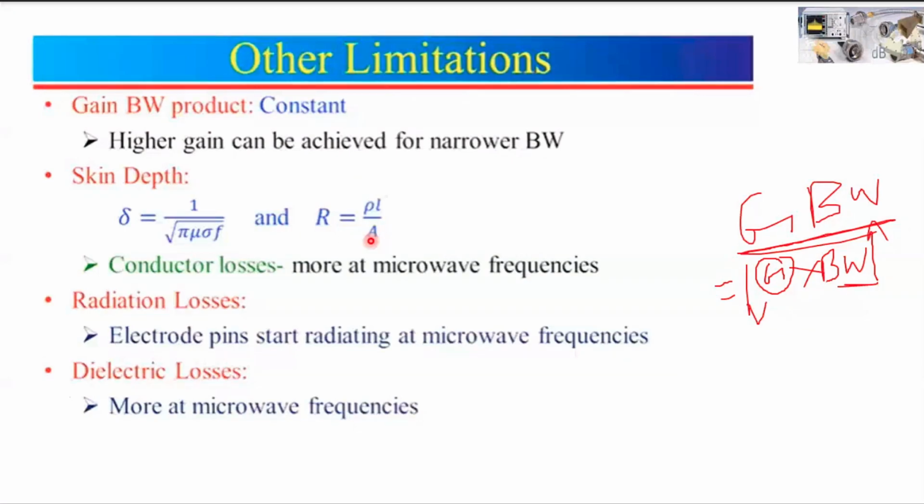And now you see this area is related to your resistance by which formula? This formula: R is equal to rho L by A. So now surface area current is decreasing. That means resistance is increasing.